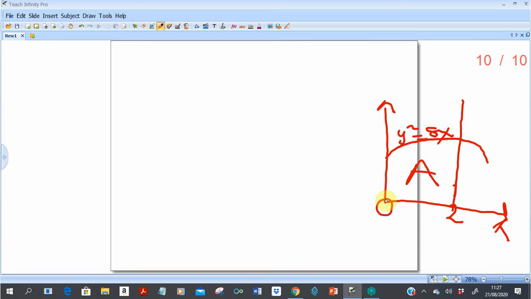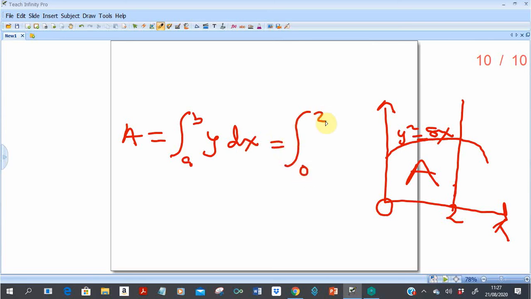Okay. But let's put the formula first. So area is equal to the integral between the two points of x, y dx. So we can get the two points, 0 and 2. And the y curve. But here we don't just have a y, we have y squared. So we change y squared is equal to 8x to just y.